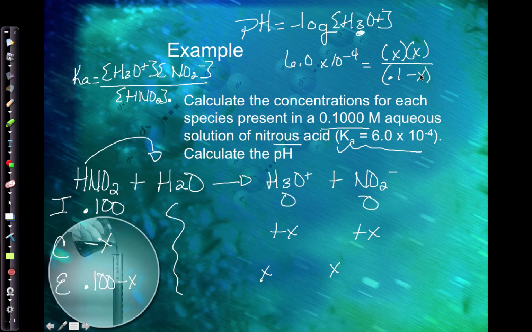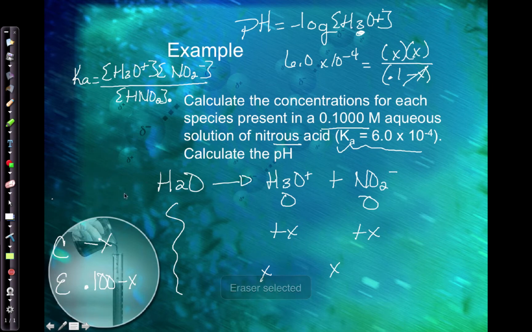If you're adding some number that's very close to 0, you're going to get whatever that number is. So 0.1 minus some number almost at 0 is going to give me a number very, very close to 0.1. So I can just take it out and then basically just solve from there. So let's do that. Let's solve from there.